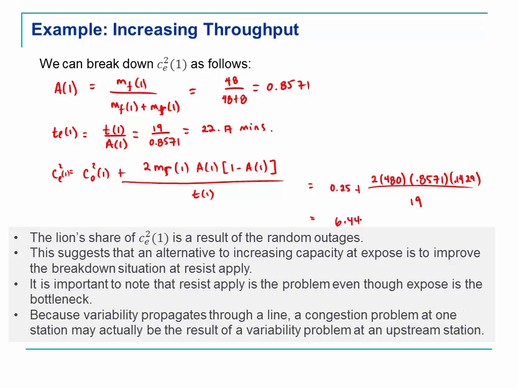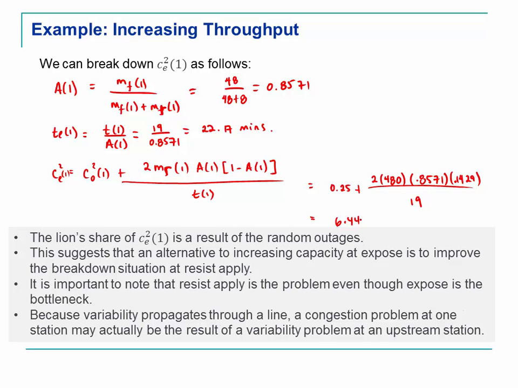So by looking at this, the large share of CE squared of 1 is a result of the random outage of the first machine. So this suggests that an alternative to increasing the capacity of the second machine will be to improve the breakdown situation at the first machine.